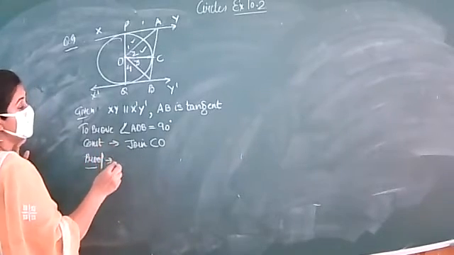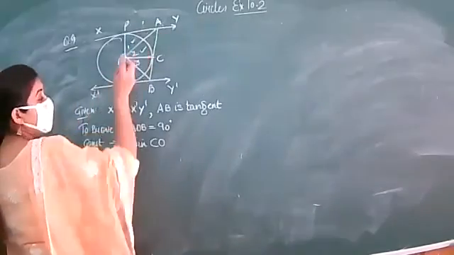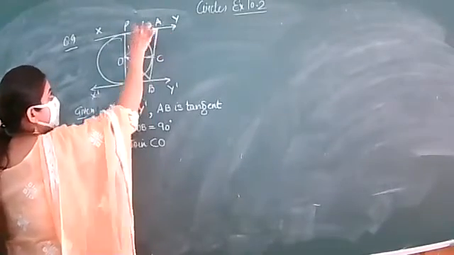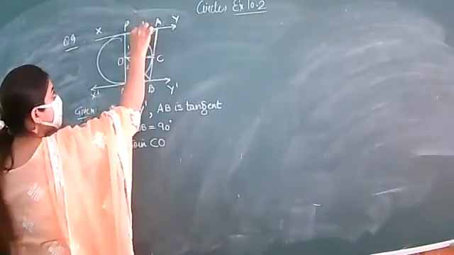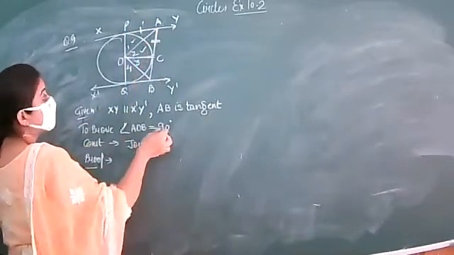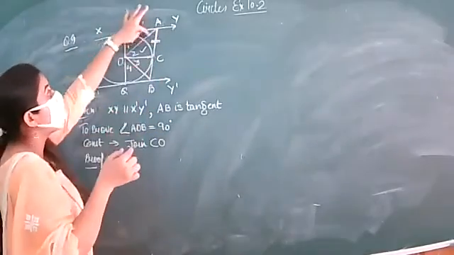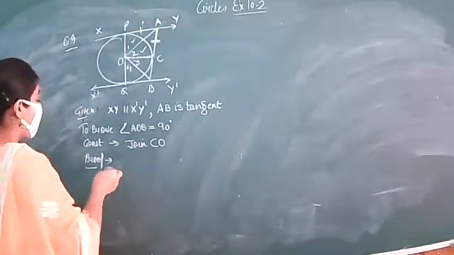I'm applying the second theorem: the lengths of tangents from an external point are equal. So AP is equal to AC. OP and OC are your radii, and OA is the common part.